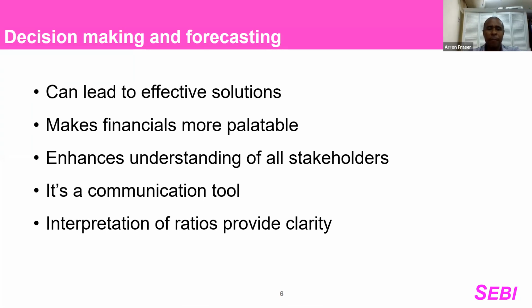So if you calculate current assets over current liabilities, and you see that your current liabilities are more than your current assets, it might be a signal of cash flow problems, of being unable to settle those debts. So it provides some clarity on how the business is being run.